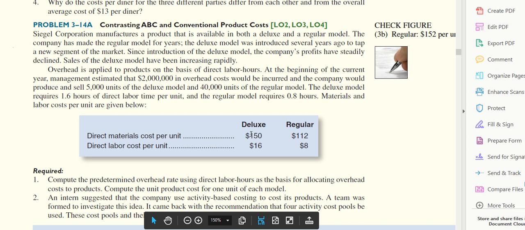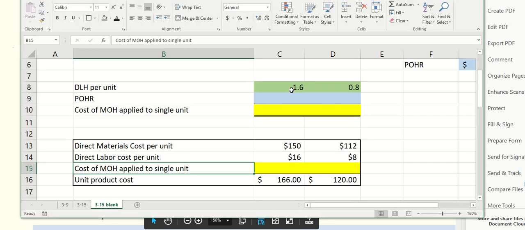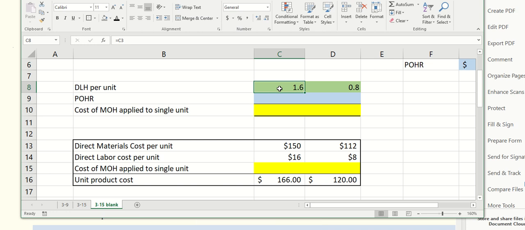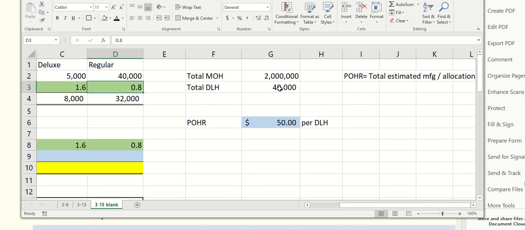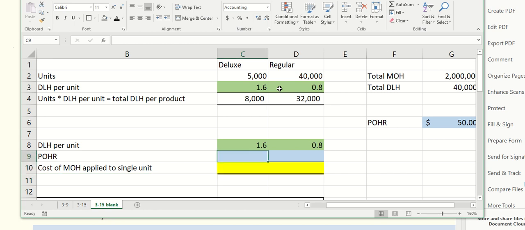Unit product cost would include the direct materials, direct labor, and manufacturing overhead on a per unit basis. One deluxe unit takes 1.6 direct labor hours, so I know it's going to be over $50 for overhead, and it's going to be less than $50 for the regular product. So let's put in that predetermined overhead rate of $50.